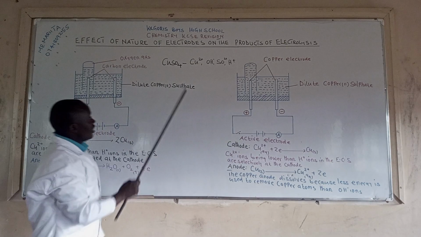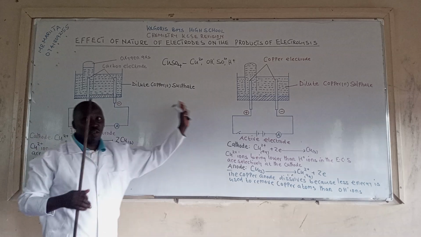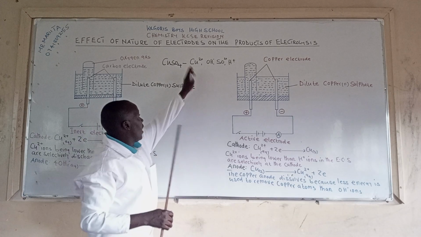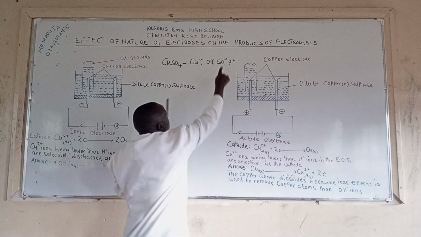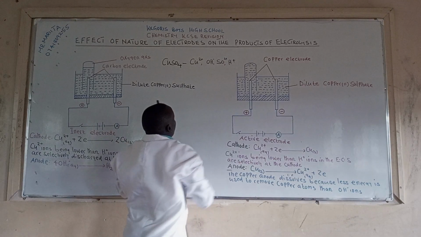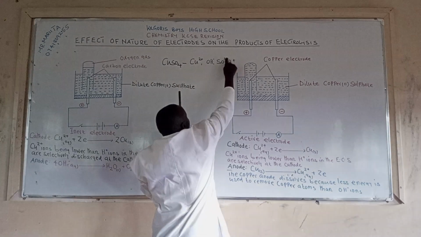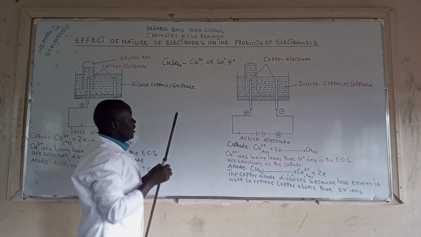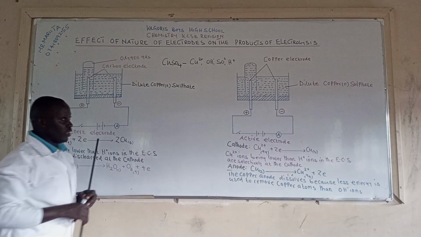The hydrogen ions and the copper ions are the positive ions. Therefore, we know they normally migrate to the cathode. Then we have the hydroxide ions and the sulphate ions. Normally, they are the negative ions.